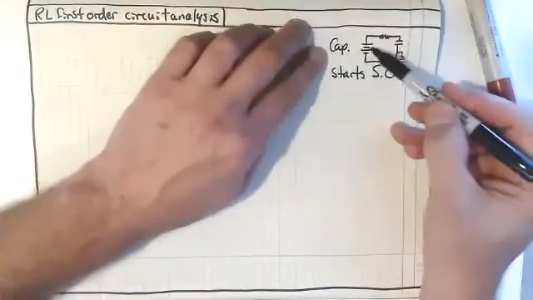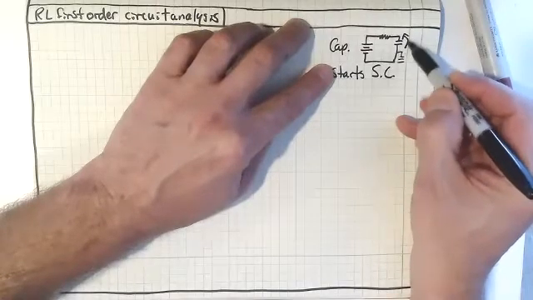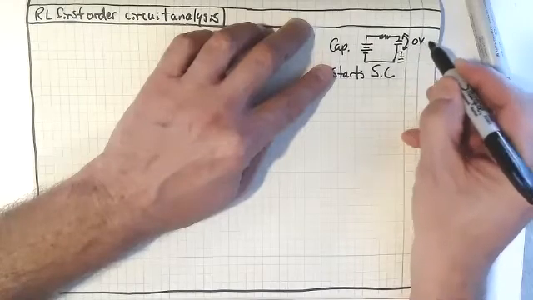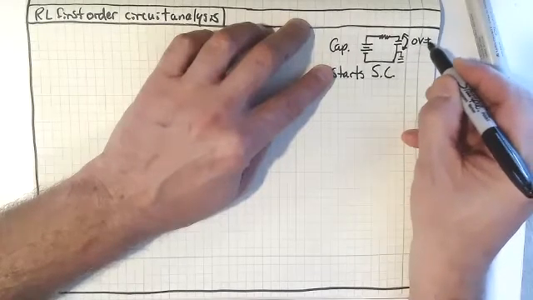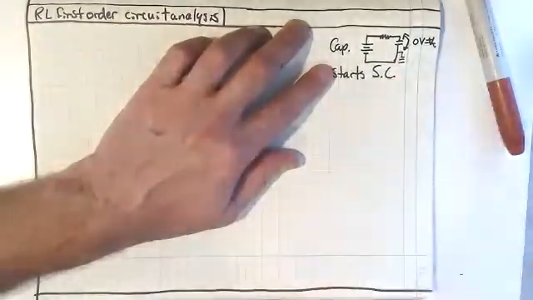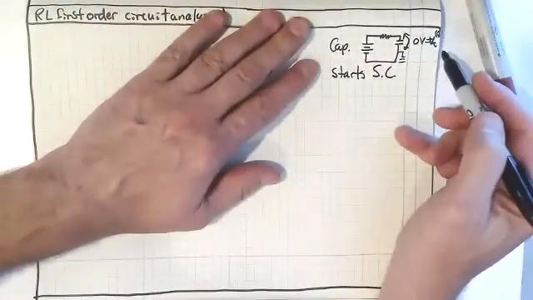That would say that the voltage across the capacitor is going to be 0 volts when it starts, at t equals 0.